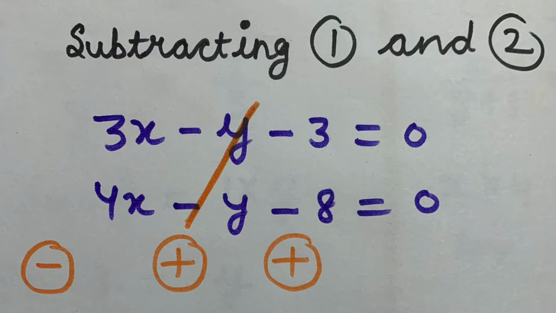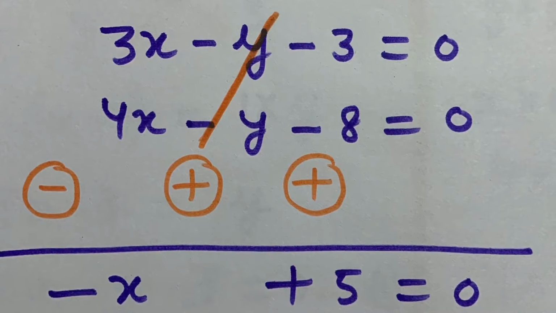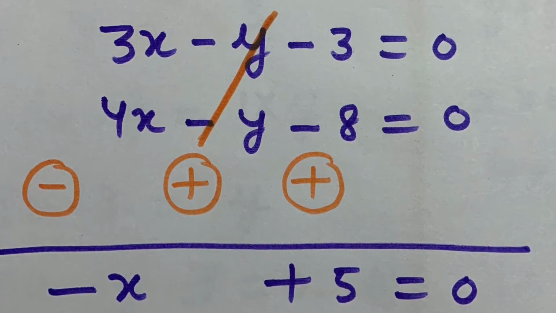Now children, we will subtract both the equations, equation 1 and 2. First equation is 3x minus y minus 3 equal to 0. Second equation is 4x minus y minus 8 equal to 0. For subtraction, we will have to change the signs of the second equation.